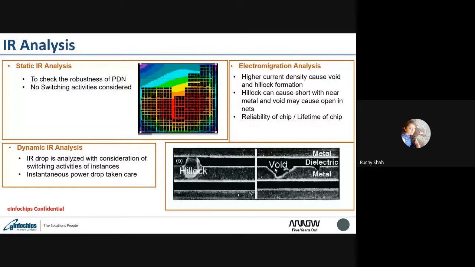No company will be ready to fabricate a chip which is working perfectly right now, but after 6 months or after 1 year, it is going to stop working. For the reputation of the company, they will make sure that our chip should work at least 5 years or 10 years. We call it reliability of the chip. So we ensure the reliability of the chip also.